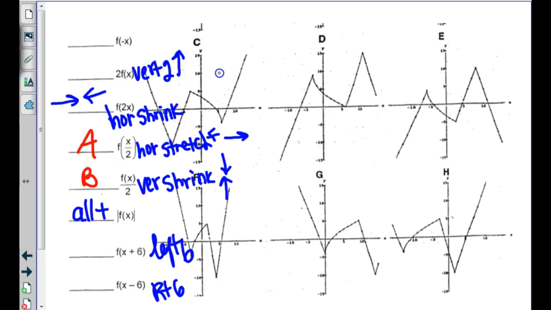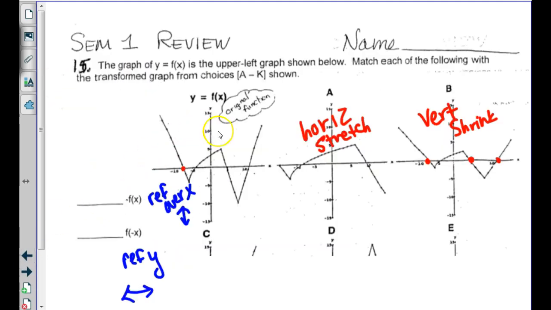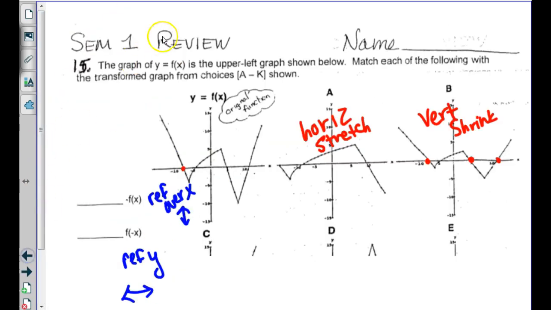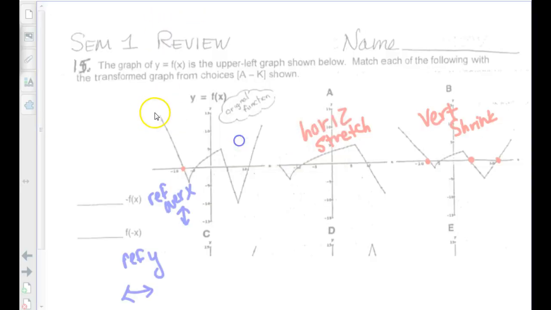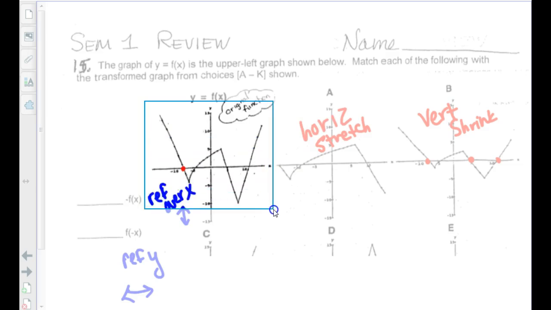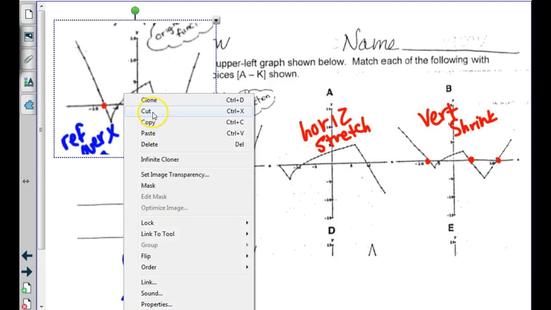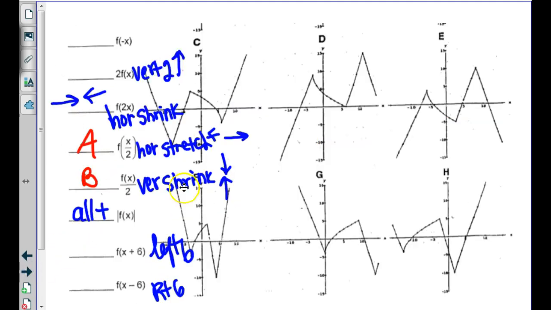Okay, now we're on to C, and of course I can't see the parent function anymore. Yep, I'm going to need a copy of that. Okay.